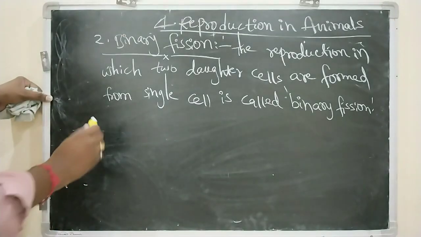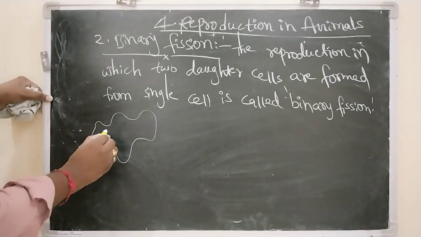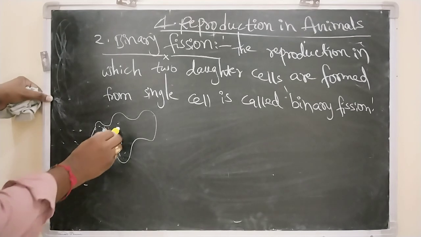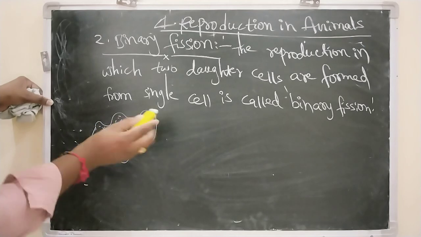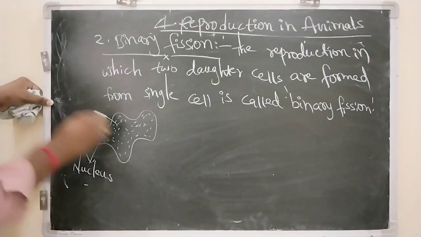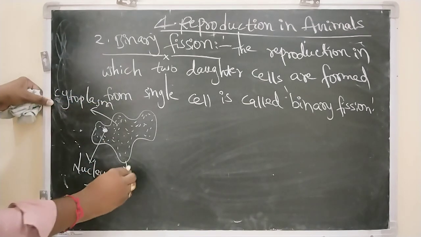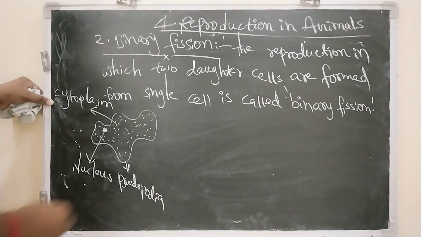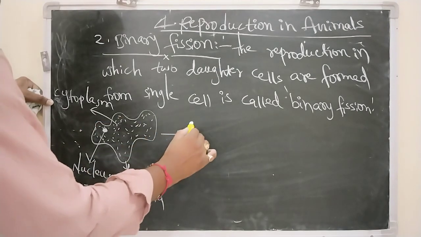So here, first, this is the amoeba, and this is the nucleus and this is the cytoplasm. We know already amoeba moves from one place to another through pseudopodia. This is the nucleus, this is the cytoplasm, and this one is the pseudopodia. First, the nucleus starts dividing.